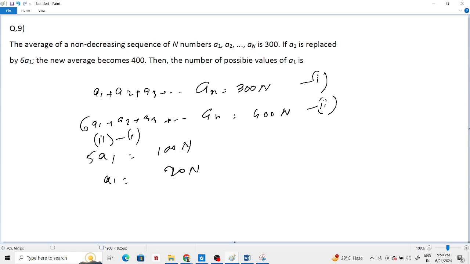Okay, now the number of possible values of a1. So a1 is coming as 20n.